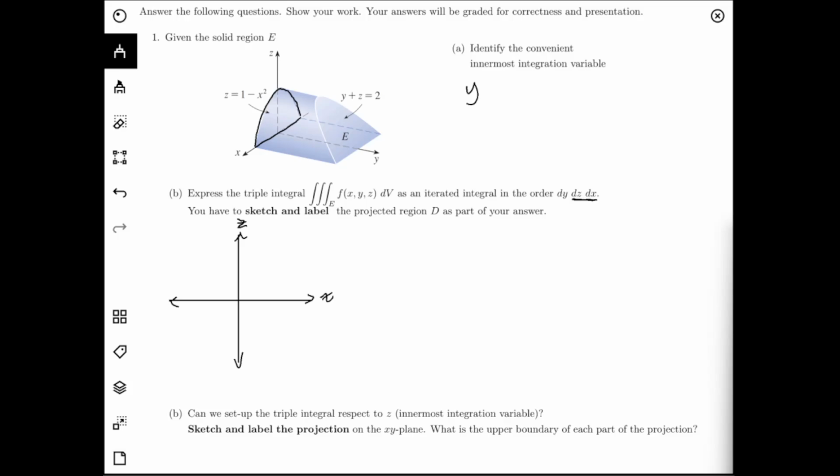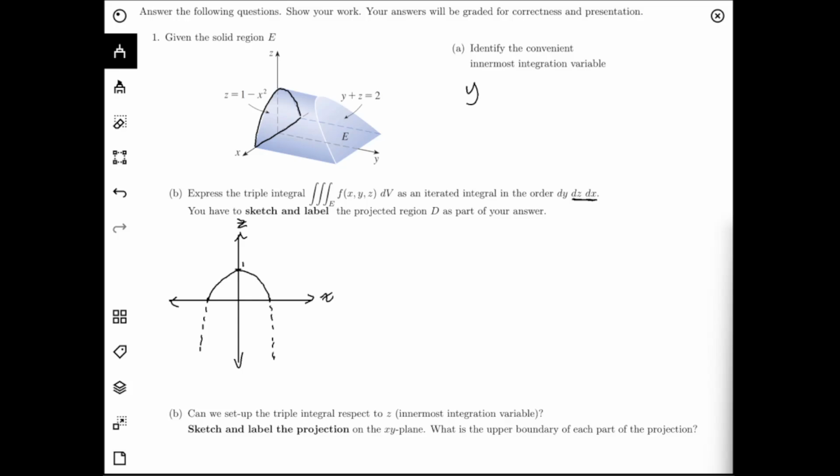We get z equals 1. So we put z equals 1 right here, and then where z equals 0, x is equal to 1. So there we have our intercepts, and there's our parabola, which would keep on going this way.